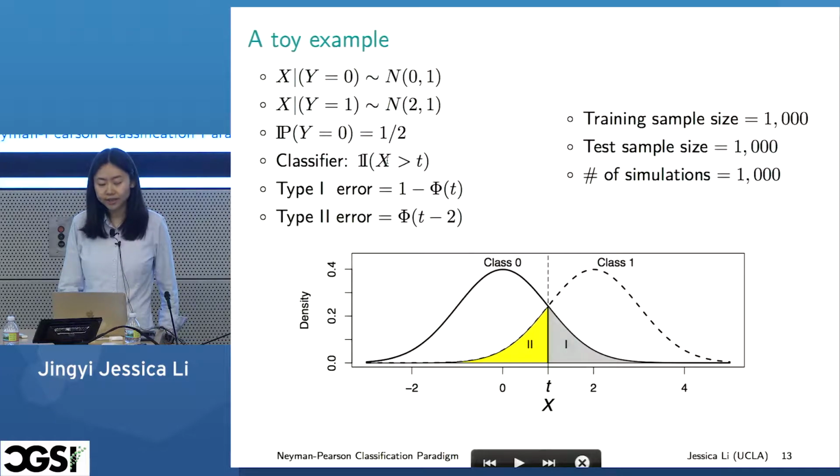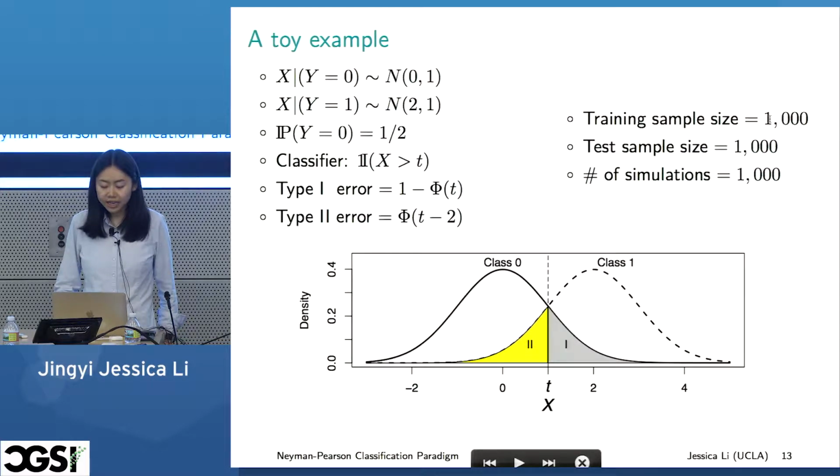And based on this toy example, we can have a closed form formula for the population type 1 error, and likewise for the population type 2 error. Okay, so that can help us evaluate the performance. So here we draw a training sample with size 1000 from this distribution. We independently draw a test sample with the same size, and we repeat this whole simulation 1000 times.